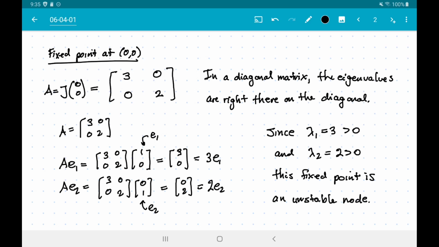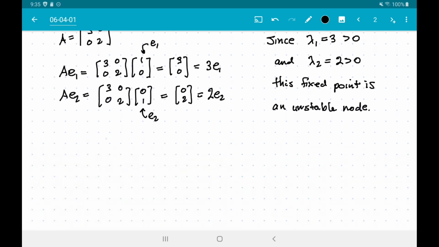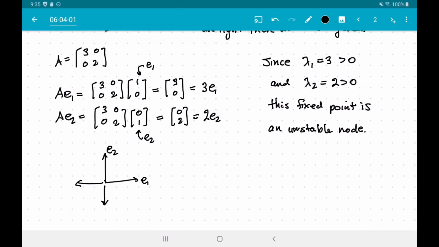If you want to be a little more specific about it, you can imagine here's E1 and E2. Solutions are going to grow faster in the E1 direction than in the E2 direction.